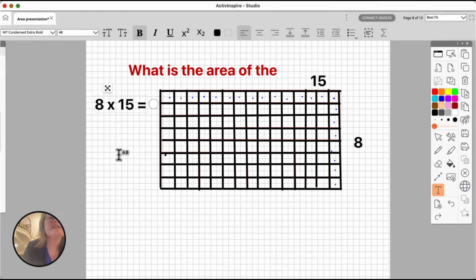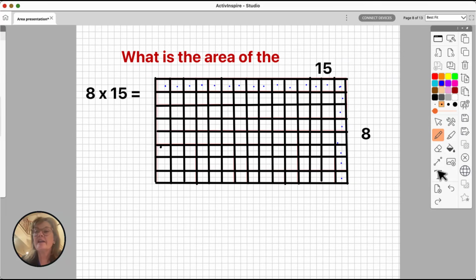How could we solve 8 times 15 if we don't know how to do 2-digit by 1-digit multiplication yet? Anybody have an idea of how we could do that? Well, we could definitely use the distributive property, and we could break that 15 down, right? So let's say we break the 15 down into 2 more manageable and easy to multiply numbers.